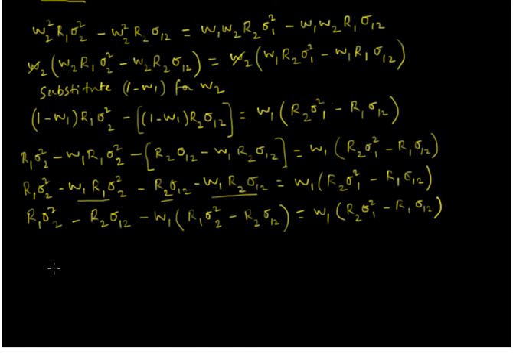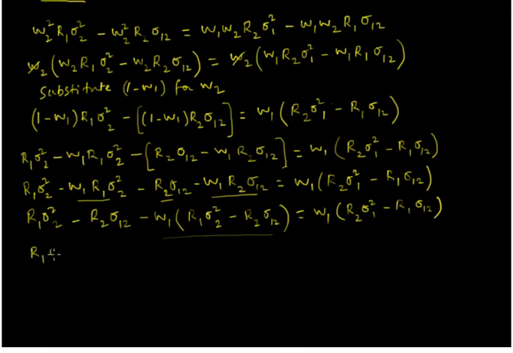Now let us see what is possible. We can take this W1 term over to the right hand side so that all W1 terms are on one side of the equation.